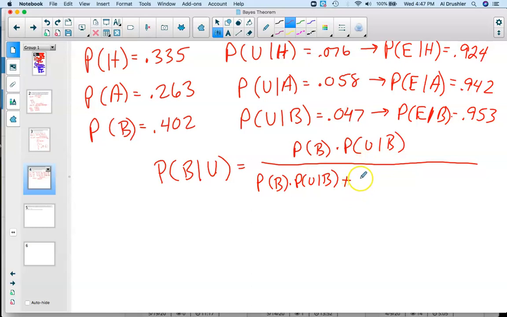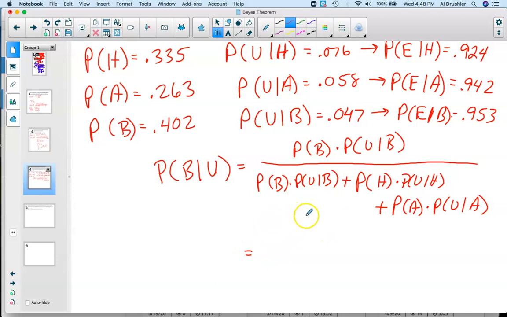Now let's look at the high school. We'll do the probability of high school times the probability of unemployed given high school, and I'll do this one down here, plus the probability of associates times the probability of unemployed given associates.